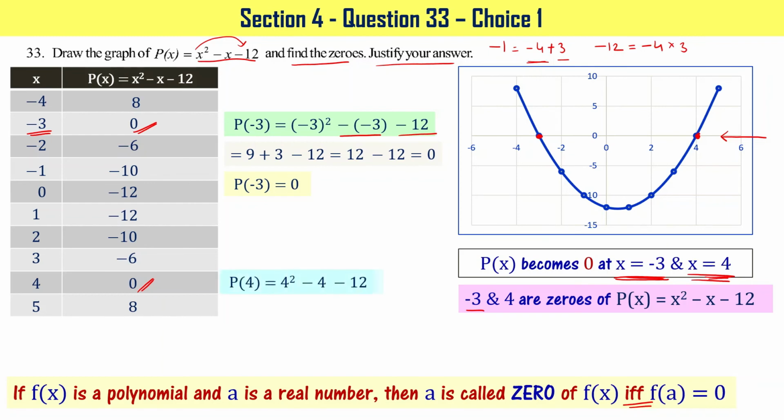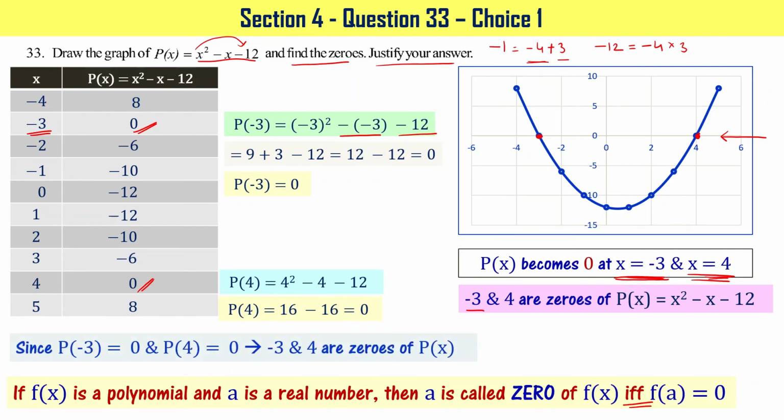Now let's see P of 4, that is also equal to 0. Hence, I can say that P of minus 3 and P of 4 are equal to 0, so that minus 3 and 4 are zeros of P of x, that is equal to x square minus x minus 12.